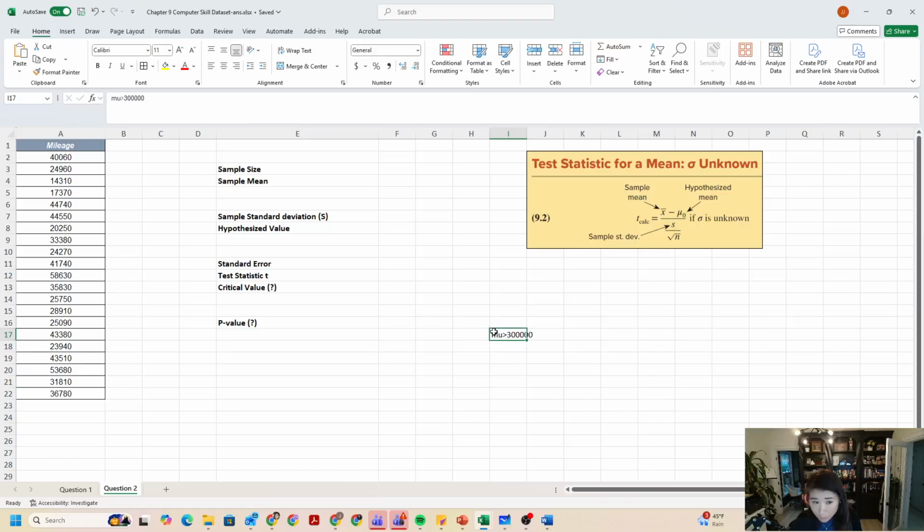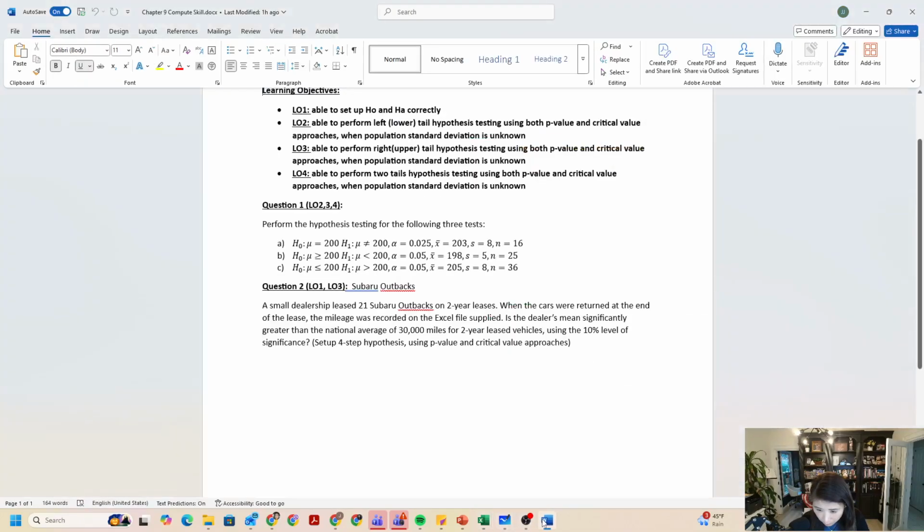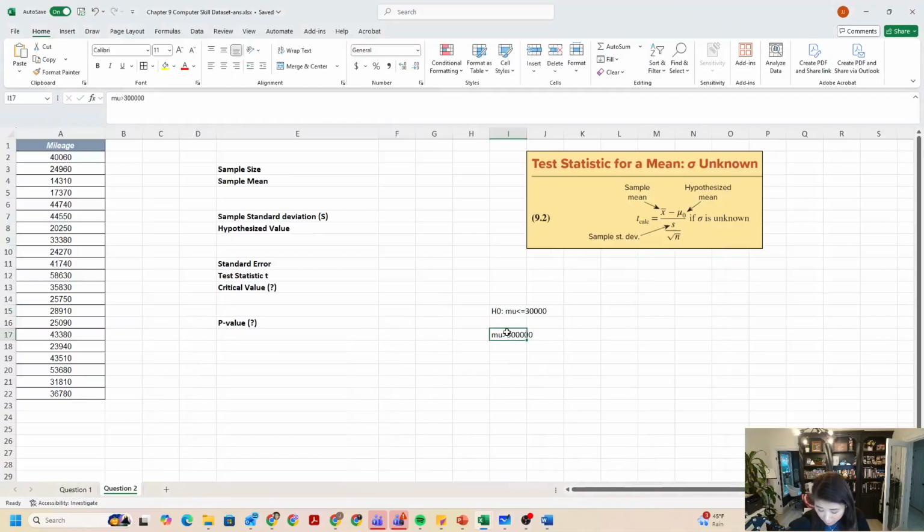So my H0 is mu less than or equal to 30,000, and that is the status quo. My H1 is mu larger than 30,000. We use the sample data we collected to see if we can reject H0 and conclude that the dealership does have significantly higher mileage than the national average of 30,000 miles.